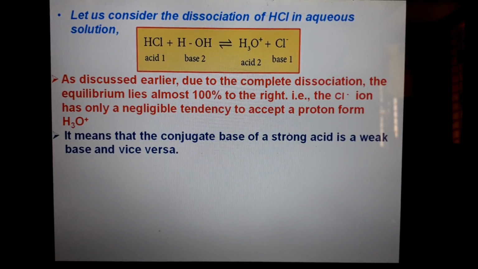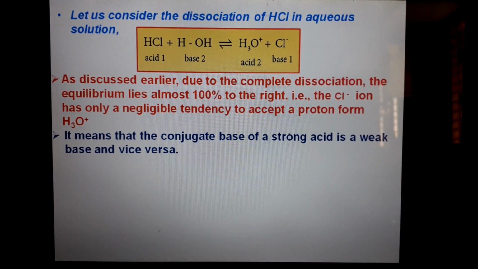Right side means the Cl− ion has only a negligible tendency to accept a proton to form H3O+. It means Cl− is the conjugate base of a strong acid. This is a very, very important point: conjugate base of a strong acid. Strong acid means HCl.